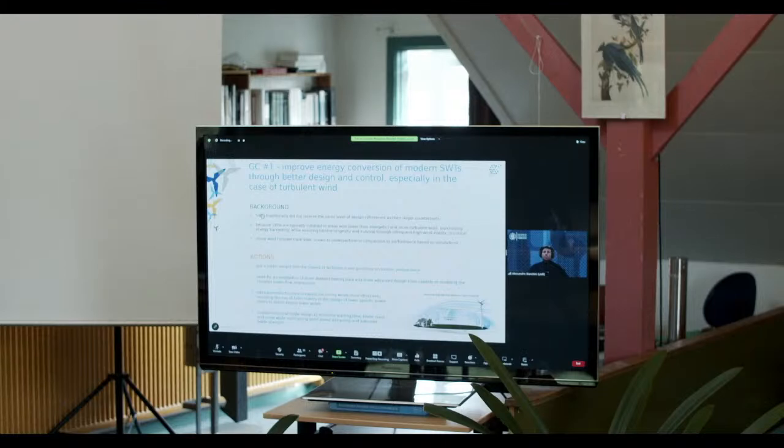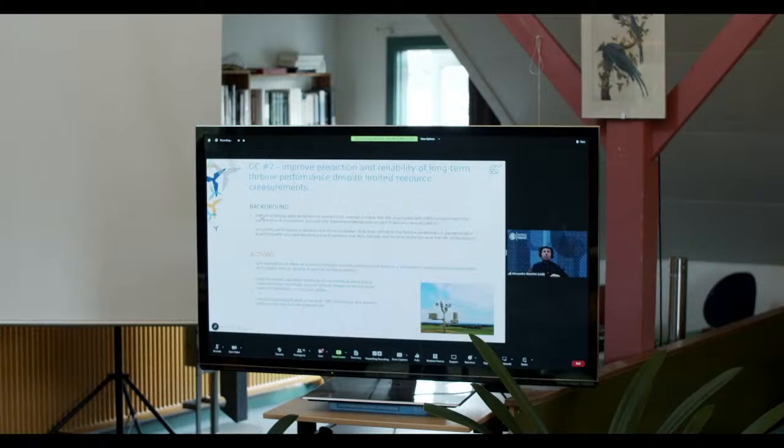We need to find solutions to exploit these winds better, which means taller towers or different designs of the rotors, like for example going to low specific power rotors to be able to harvest energy also at lower wind speeds, and multi-objective design, for example, to make very efficient turbines while keeping the cost low.